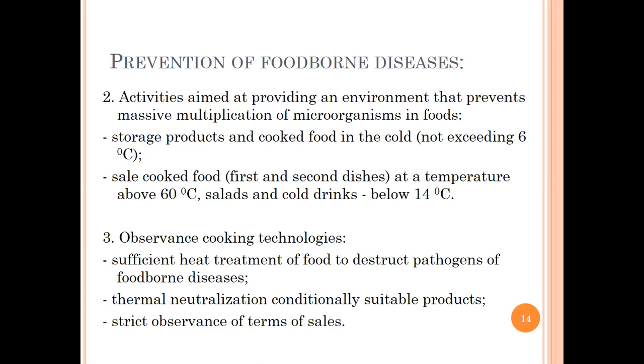For example, we need to store food products, cooked food in a cold place in the fridge where temperature does not exceed 6 centigrade. And served cooked, for example, first and second dishes at a cafe should be at a temperature above 60 centigrade. And as you can see, at the university cafe, for example, first and second dishes, they sell them in hot condition.